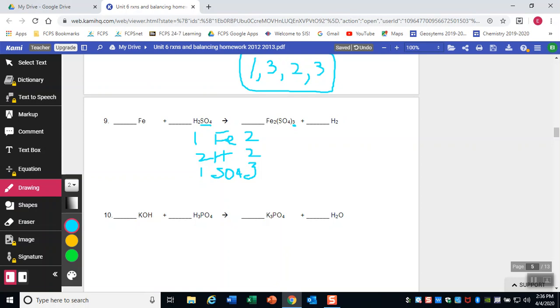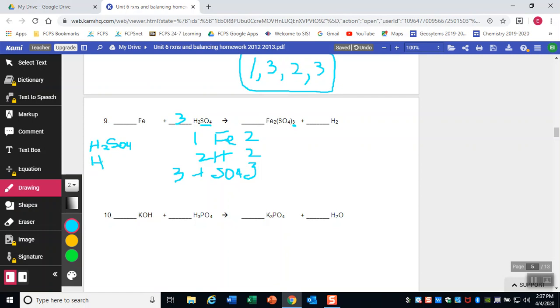Okay, so I want to have 3 sulfates on both sides. So let me make this into a 3. So that means my coefficient here would be a 3. 3 times 1, that means I have 3 sulfates. All right, because it would be H2SO4 3 times.